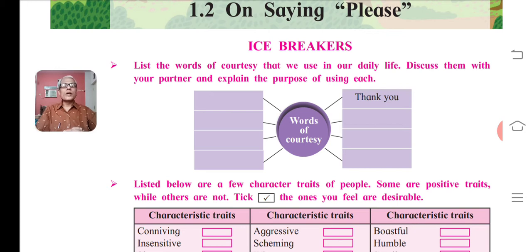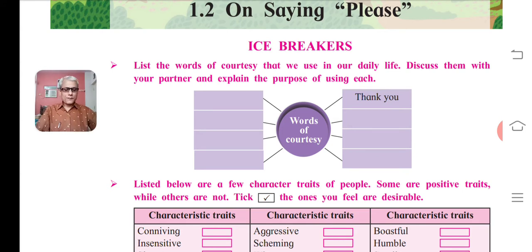Here one incomplete diagram is given, and in the circle at the center, one clue is given to you, that is, words of courtesy. On its right side you are provided one word to help you find the answer, and that word is thank you.